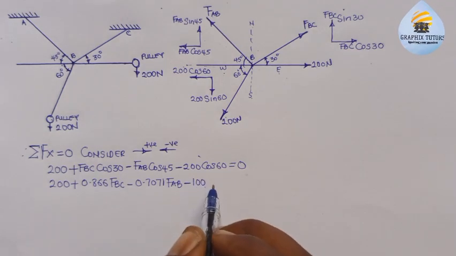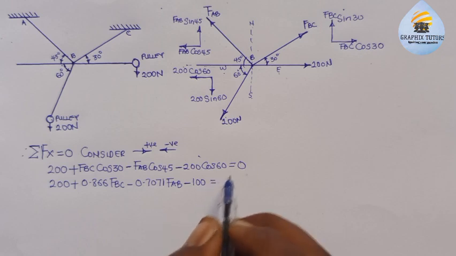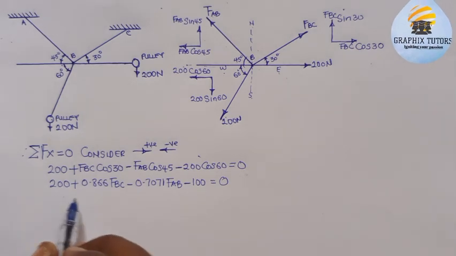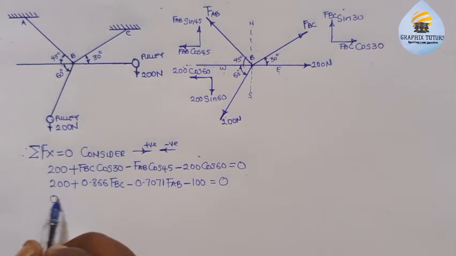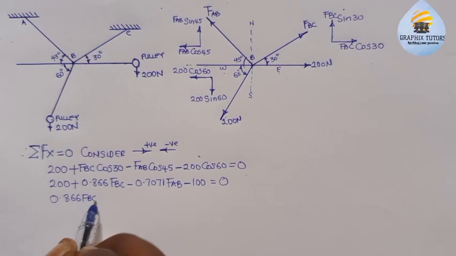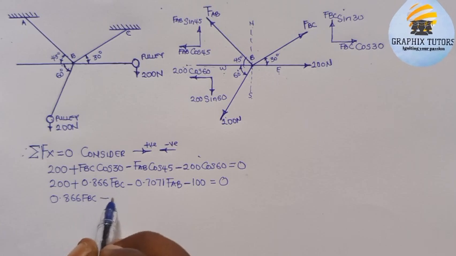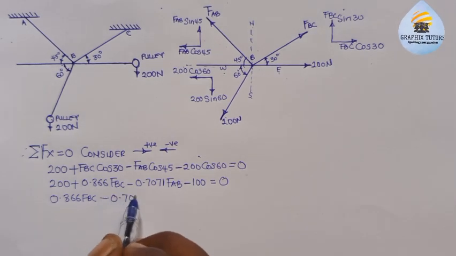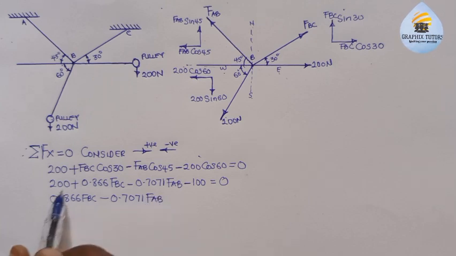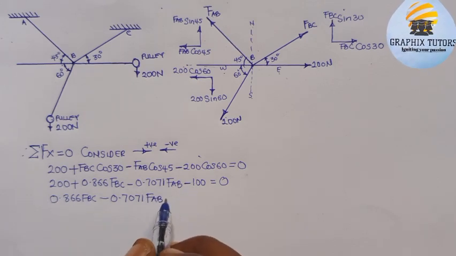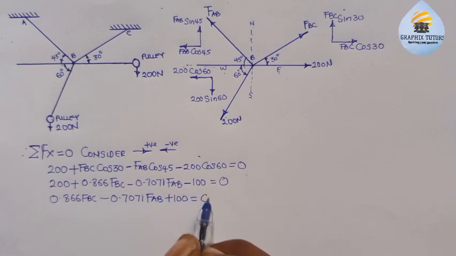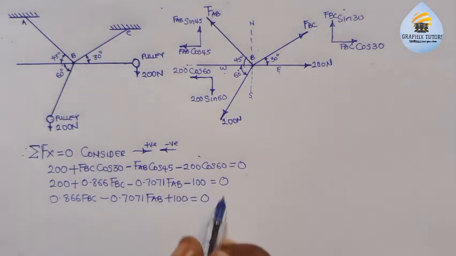This equals to 0. Now if you rewrite this, we have 0.866 FBC minus 0.7071 FAB. Then 200 minus 100 will give us 100, so we have plus 100, and this gives us 0.